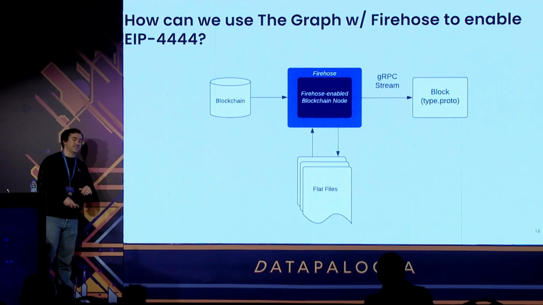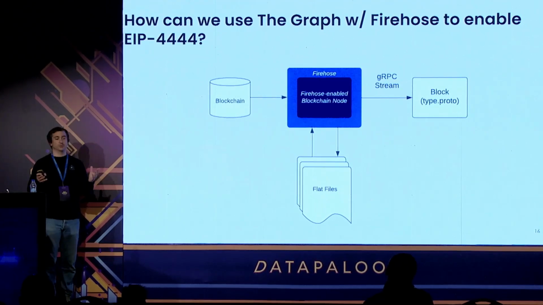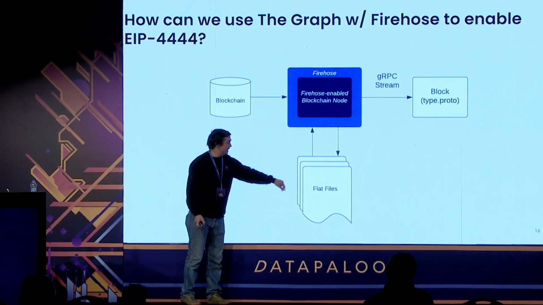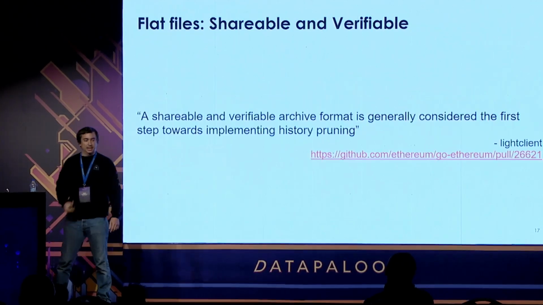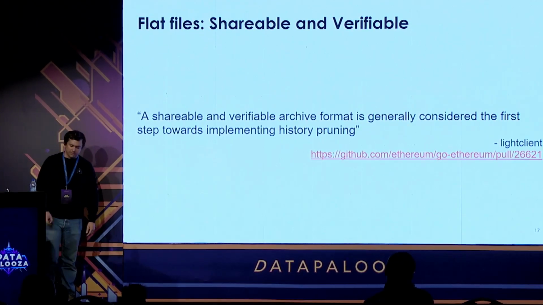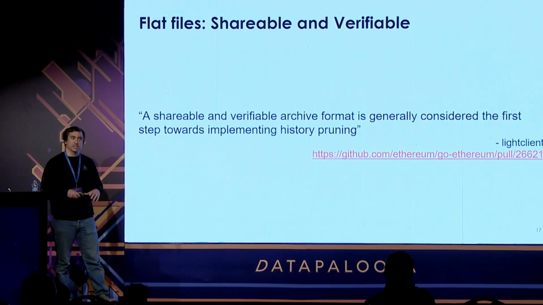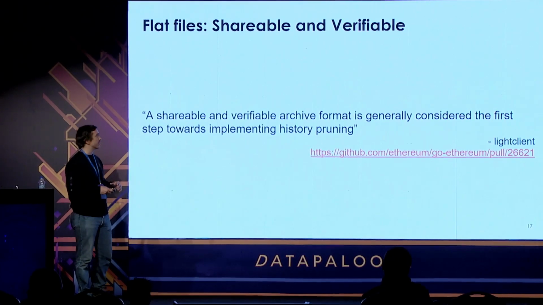Okay, so the rest of this talk is going to be focused on how we can use The Graph with Firehose to enable EIP-4444. In particular, we're really going to be looking at these flat files. These are what we get really interested in. The first thing here is a quote that I found when I was starting my research on what people are doing on EIP-4444, what the solution space looks like currently.